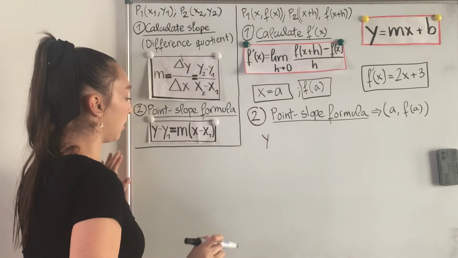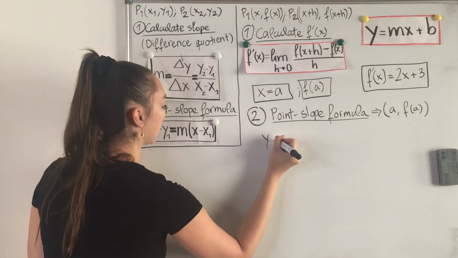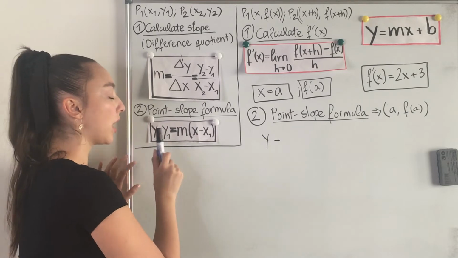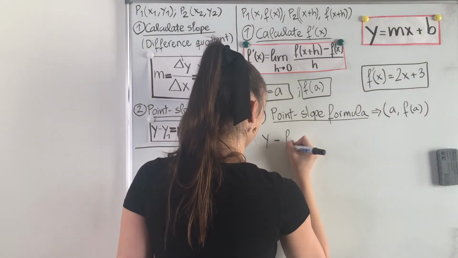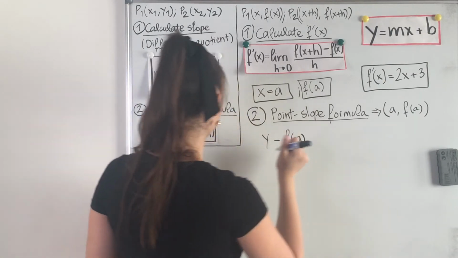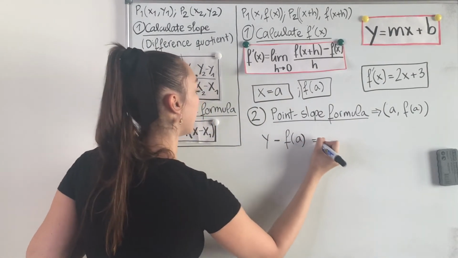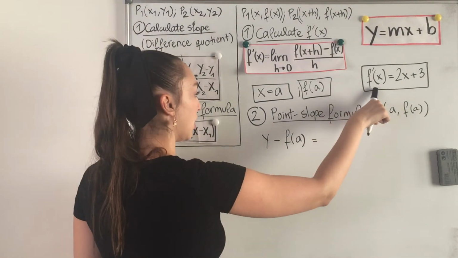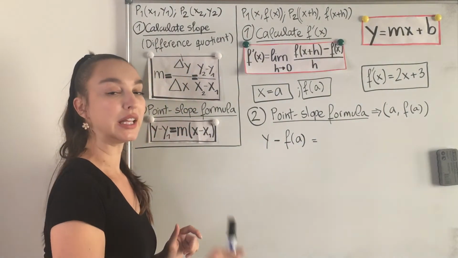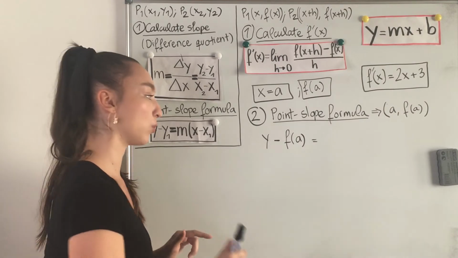So just continuing, y minus the y value for our point, which is f of a, equals m, which is the slope. We already calculated the slope, which is this one, but it's the slope in that point, so when x equals a.